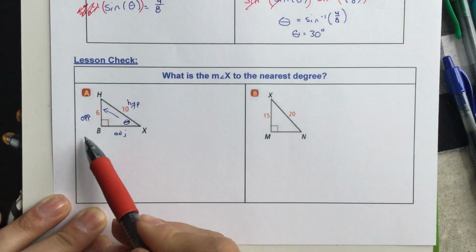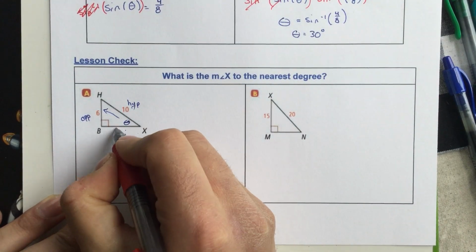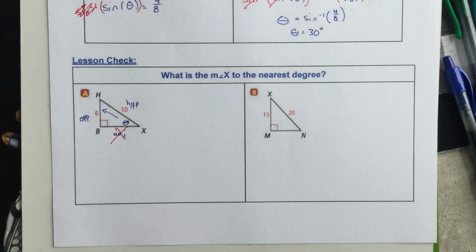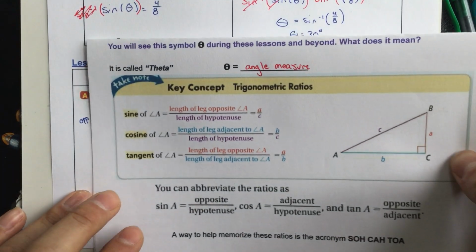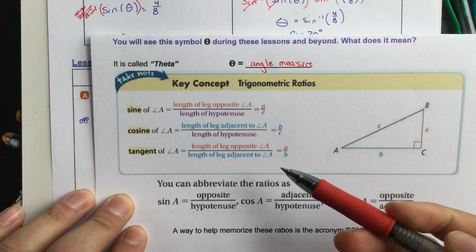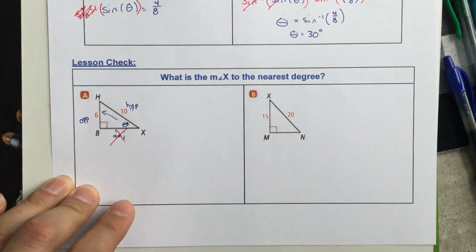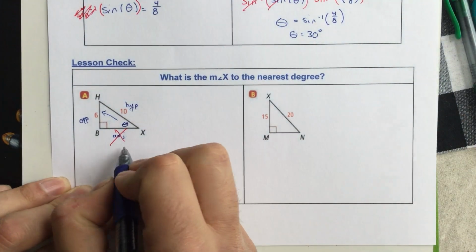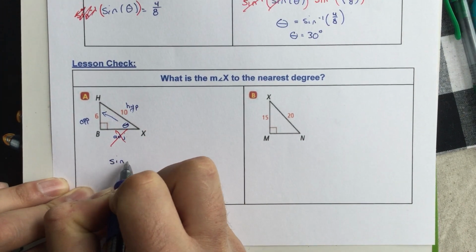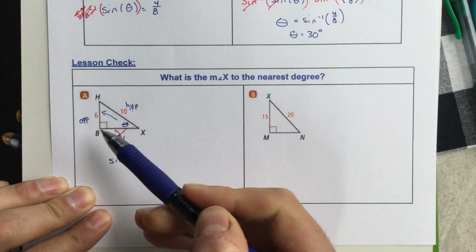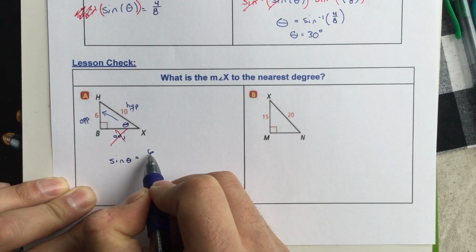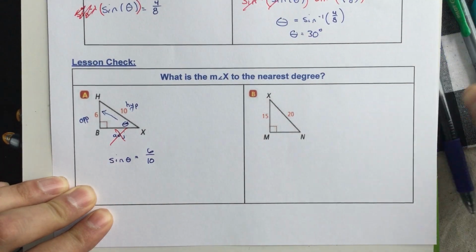So I can see here that I have my opposite and hypotenuse. I don't have the adjacent. So which trig ratio uses the opposite and hypotenuse? That would be sine. So I'm going to write this as the sine of theta equals the opposite, 6 over 10.